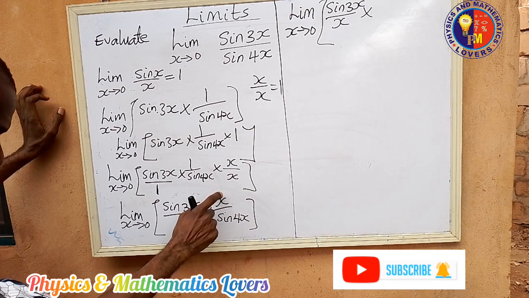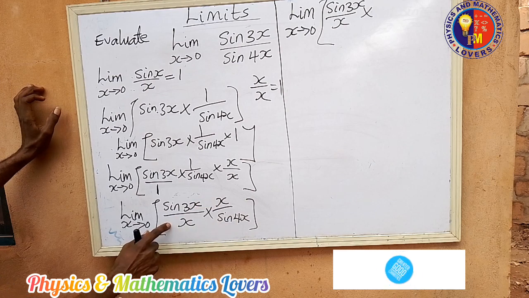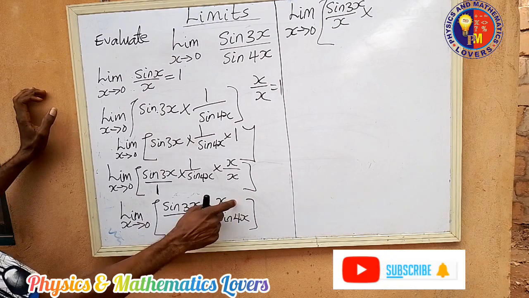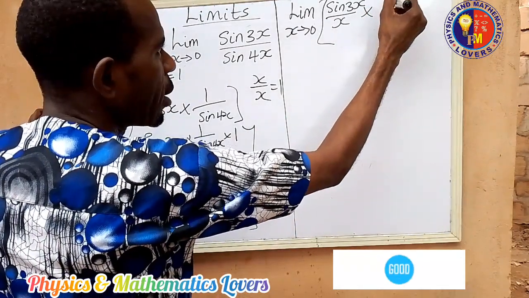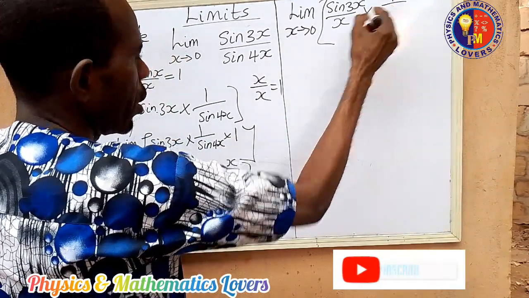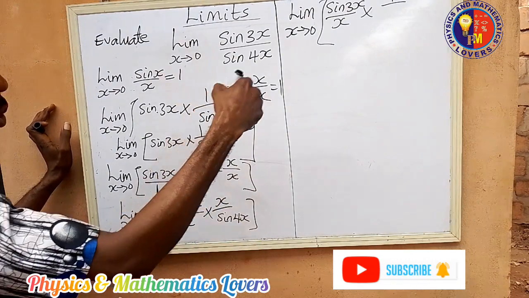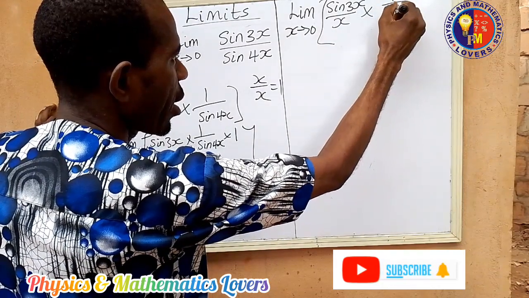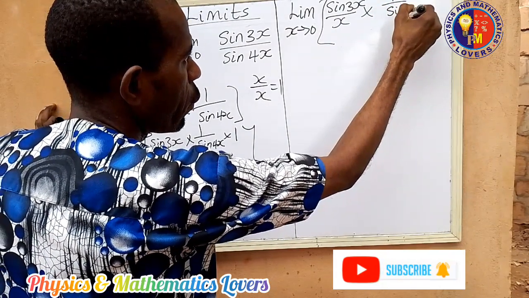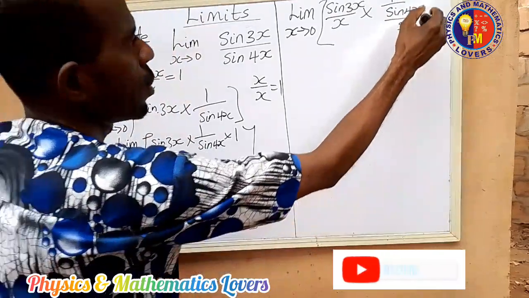In order for this x to come down to look like this, I have to take the reciprocal of this. Taking the reciprocal, the sine 4x comes down and x goes up, so it will now give me 1 over sine 4x all over x. That is what happened here.